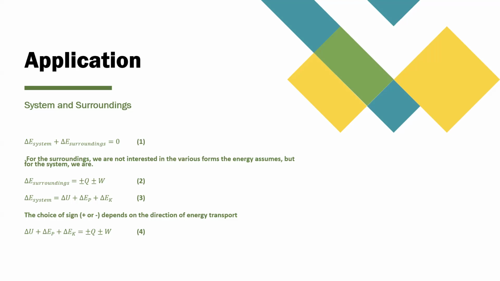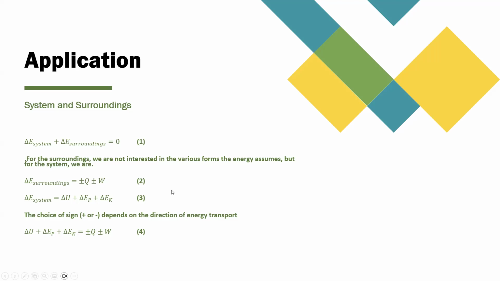This means you don't store heat in a system. You store internal, kinetic and potential energy. A system can possess that. But when this energy moves, it moves as heat and work.